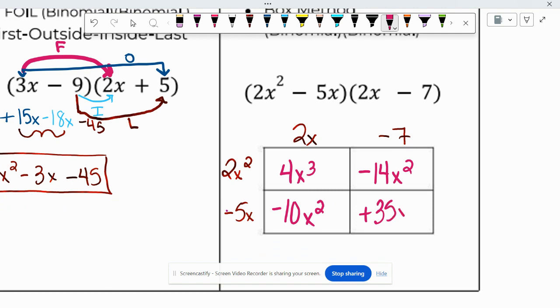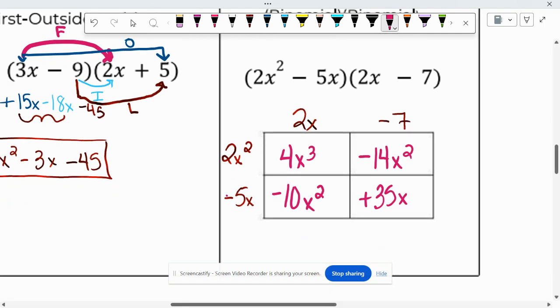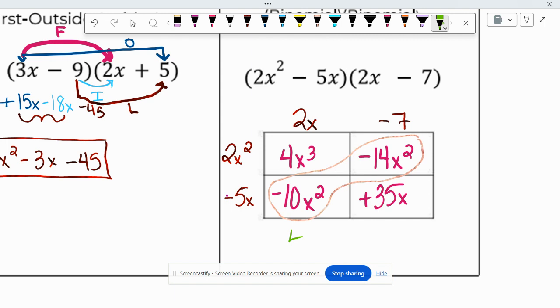Positive 35x. So when I'm all finished, I am able to combine these terms right here. These are both x squareds. So when I'm all finished, I have 4x cubed minus 24x squared plus 35x.